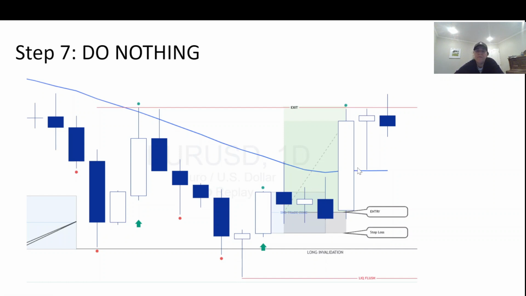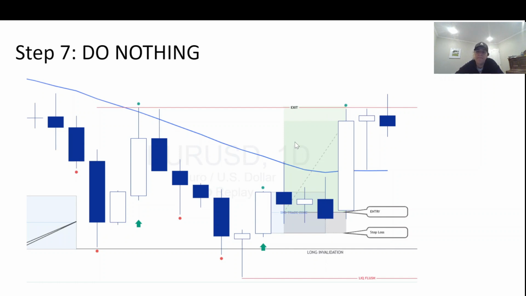And I think this was around about a 5-hour trade. So we sit through a couple of days of it just not really going anywhere. But then we've got a nice 5-hour trade and we're out.